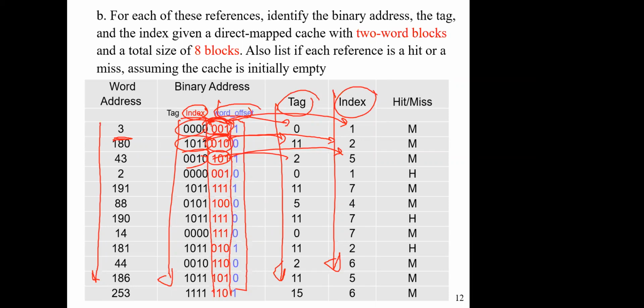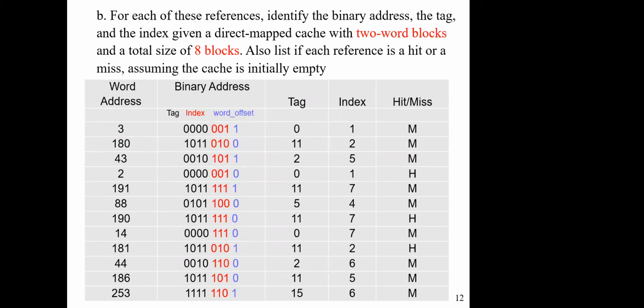Remember that I did not touch the word offset to calculate either the index or the tag, because I might be in a floor number, but maybe in the suite to the right or the suite to the left. The right or the left is specified by the 0 or 1. Okay, that is perfectly fine.